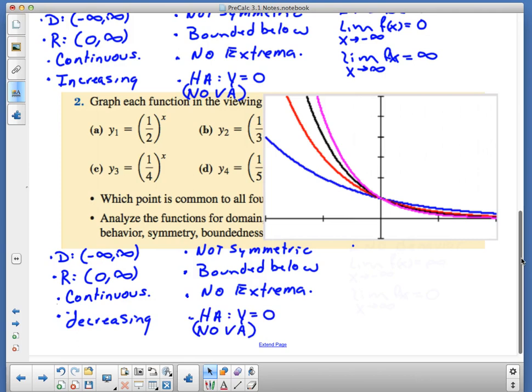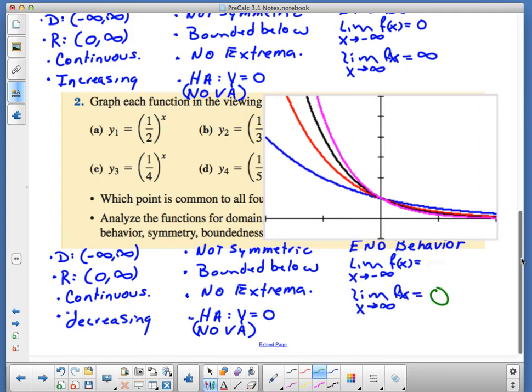Horizontal asymptote again at y equals 0. My limits. As I go to negative infinity, it tends to infinity. As I go to infinity, it tends to 0. And that's where that horizontal asymptote stems from. This should be 0, and this should be infinity. My end behaviors.